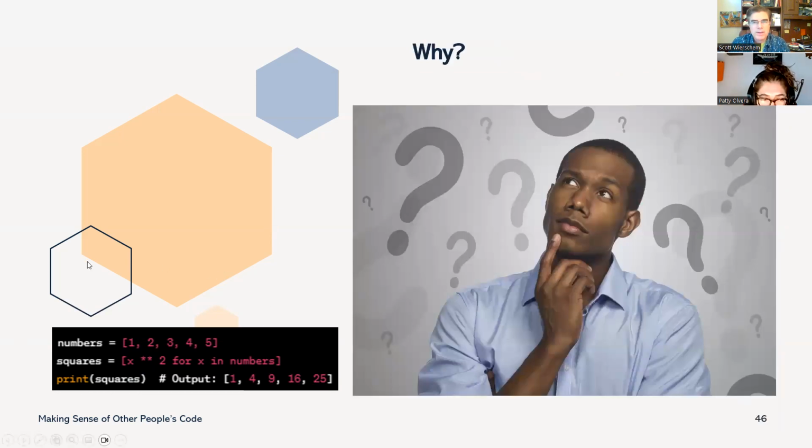Next, for every related concept, think, why does this new concept make me think of these other concepts that I already know? Does it share a syntax with something in another language? Is it used in a similar context, or maybe this new concept is an alternative to one that I already know? I already know how to do a loop, and I already know how to do an operation. So this is sort of just combining them into a more succinct way of doing it.